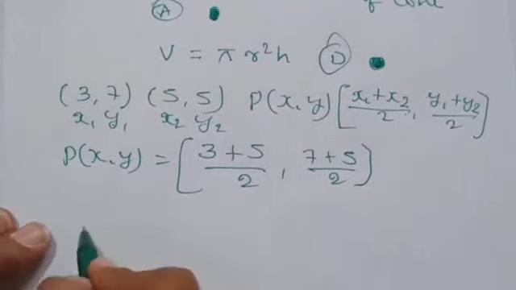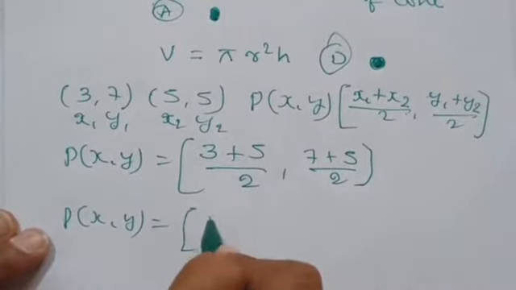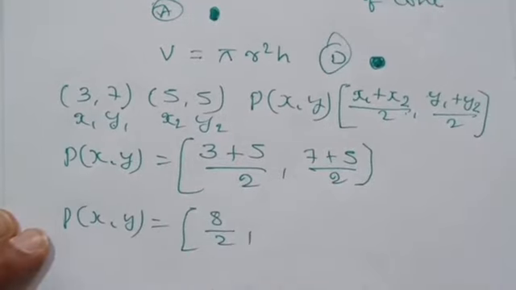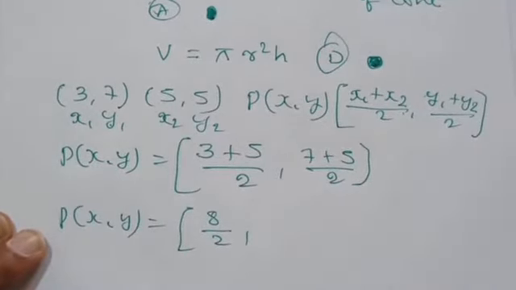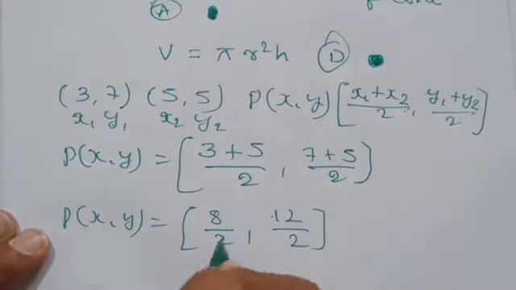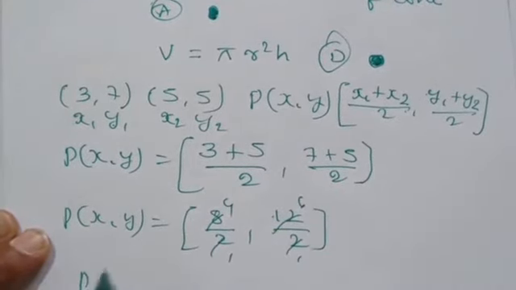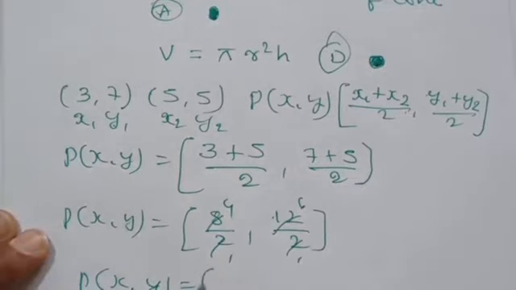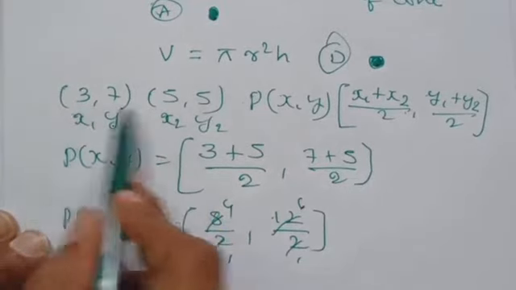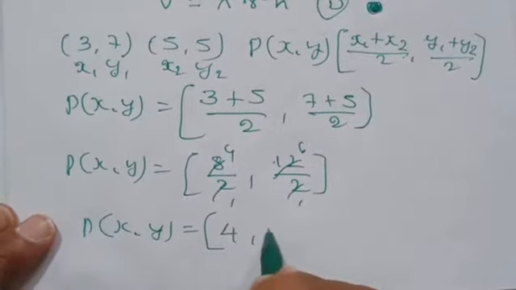Okay, so therefore p of x comma y equals 3 plus 5 is 8 divided by 2 comma now 7 plus 5, so it's 12 divided by 2. So 2 fours are 8, 2 sixes are 12. So therefore the midpoint of the line joining points 3, 7 and 5, 5 will be 4, 6.